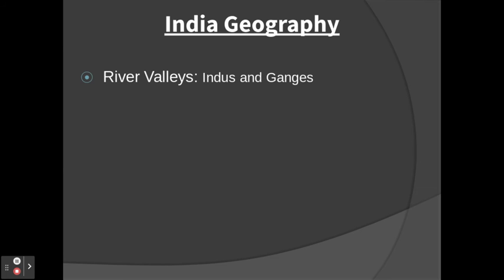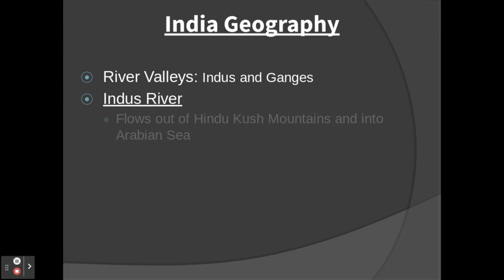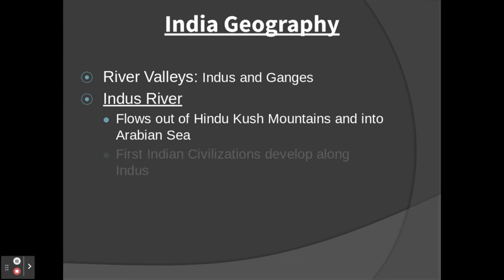So key features, again, especially since we're talking about river valleys, the Indus and Ganges rivers. Here is the Indus River, again, flowing out of the Hindu Kush Mountains into the Arabian Sea. Its special characteristic or feature is the fact that we are looking at where the first people of India began their civilization along the Indus River.